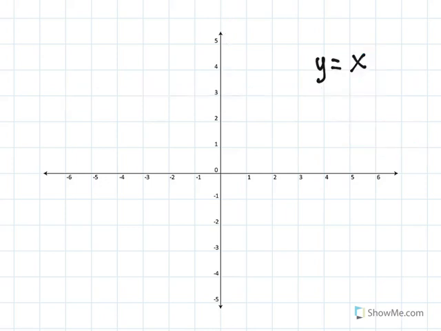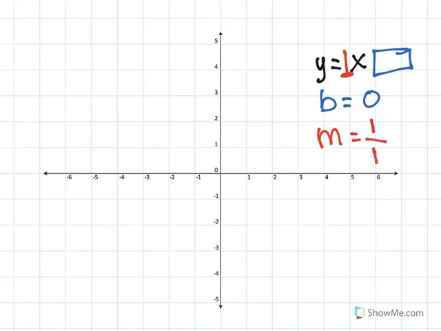Okay, next one. Y equals x. So first thing I'm going to do is find my y-intercept. That would be what comes after x. There's nothing there, so it's a 0. The slope, the m, is what is in front of x. There's nothing there, but we know that there's 1x. So our slope would be 1.